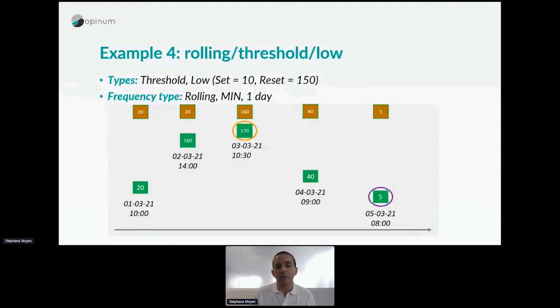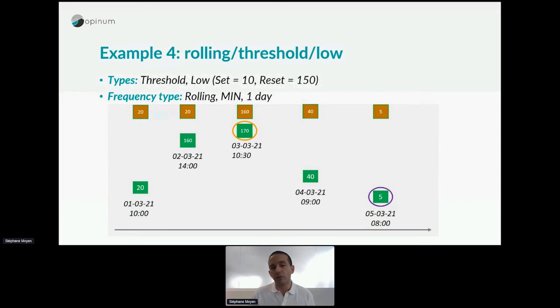The aggregated value is not below the set threshold nor above the reset threshold, so there's no change of alarm state before the 3rd of March, 10:30, which means if you don't have a previous state of the alarm, it's going to be in an uncertain state until you reach the 3rd of March, in which case you go above the reset value, so the alarm state is going to be not present.